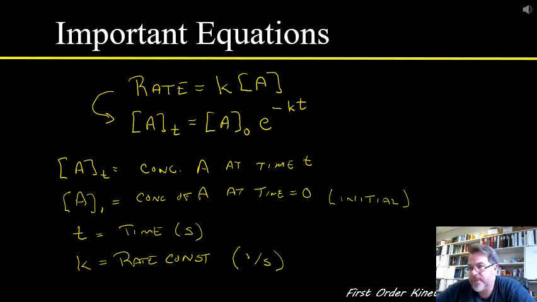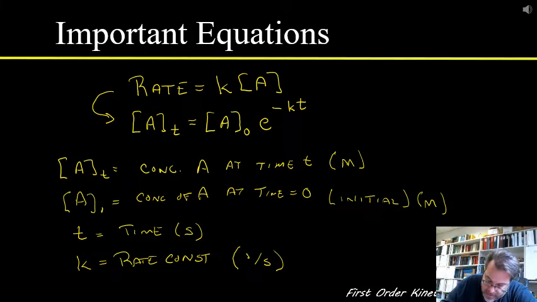For some environmental processes and some very slow reactions, time could be in days. And for nuclear decay processes, like we mentioned a little bit ago, the rate constants and the time intervals that people consider are years or hundreds of years even. Now the concentrations, typically concentrations are in molarity. Units for A at time t and A0 are usually molarity, but they can be different.